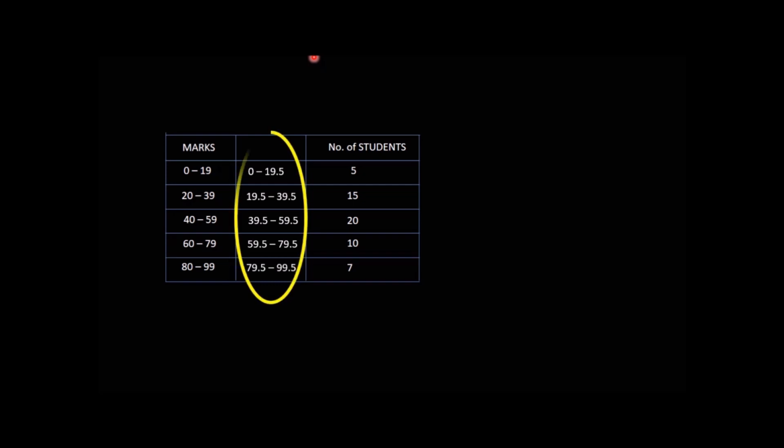So these values are your new class boundaries. And notice that now they are continuous. So the upper boundary of the first class is equal to the lower boundary of the second class. The upper boundary of the second class is equal to the lower boundary of the third class, and so on. So all these new class boundaries have made your classes continuous. So you can go ahead and simply draw your histogram using the new class boundaries.